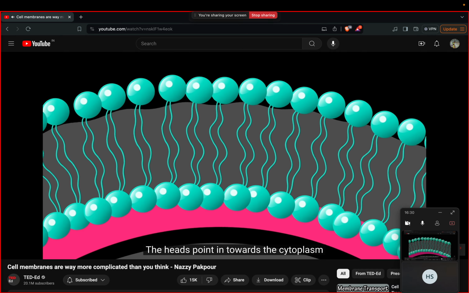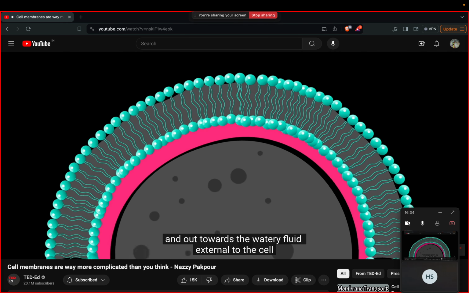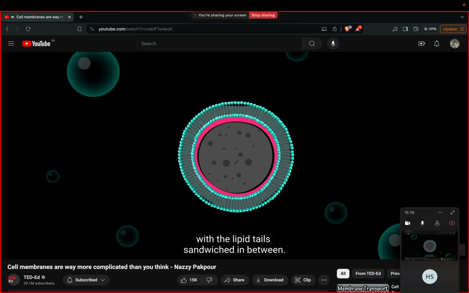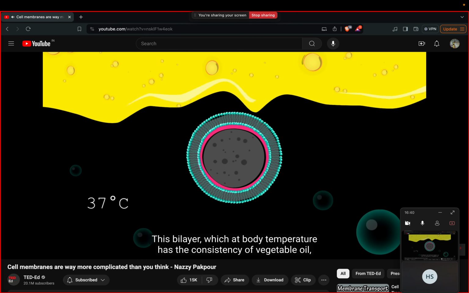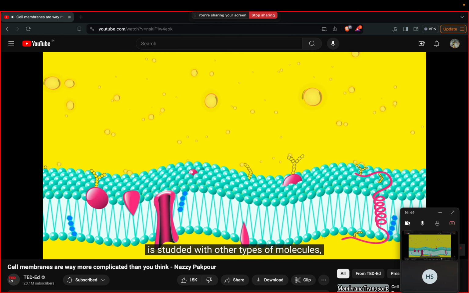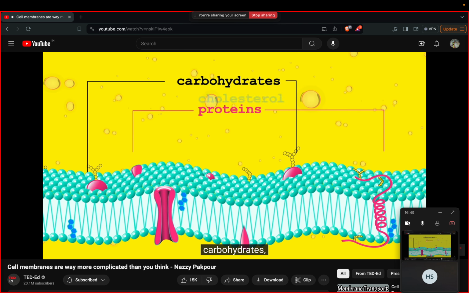The heads point in towards the cytoplasm and out towards the watery fluid external to the cell, with the lipid tails sandwiched in between. This bilayer, which at body temperature has the consistency of vegetable oil, is studded with other types of molecules, including proteins, carbohydrates, and cholesterol.